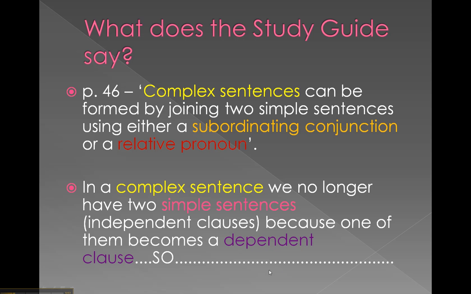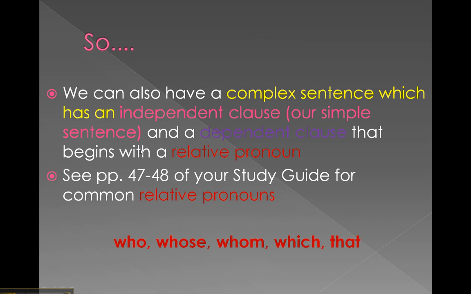How do we do that? If you look on page 47 and 48 of your study guide, you'll see the list of common relative pronouns that we'll start these type of dependent clauses with. And these are words that you're probably already very familiar with because we use them every day in our speech. Who, whose, whom, which, and that.